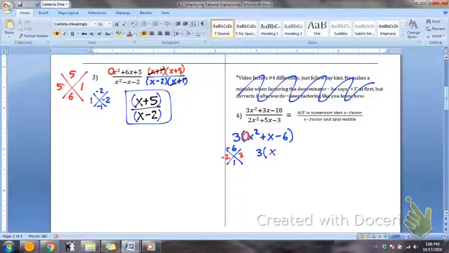I have an x minus 2, x plus 3, and I brought the 3 down that I had pulled out. I'm going to divide this by that denominator, right? But before I can do the denominator, I have 2x squared, I'm going to write it over here, plus 5x minus 3.